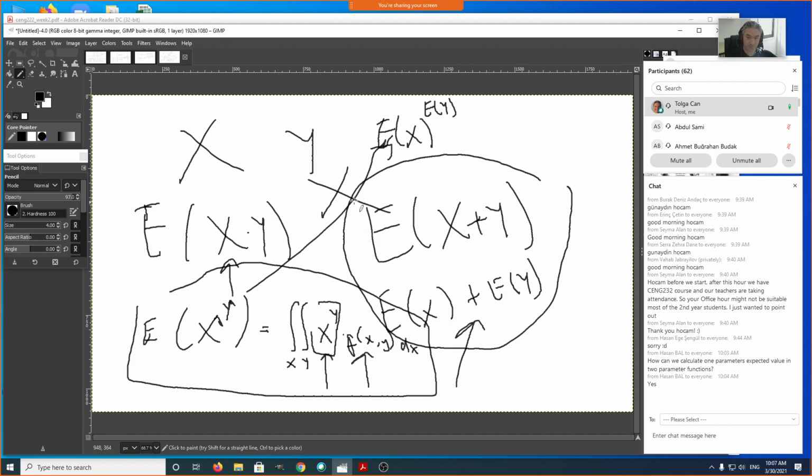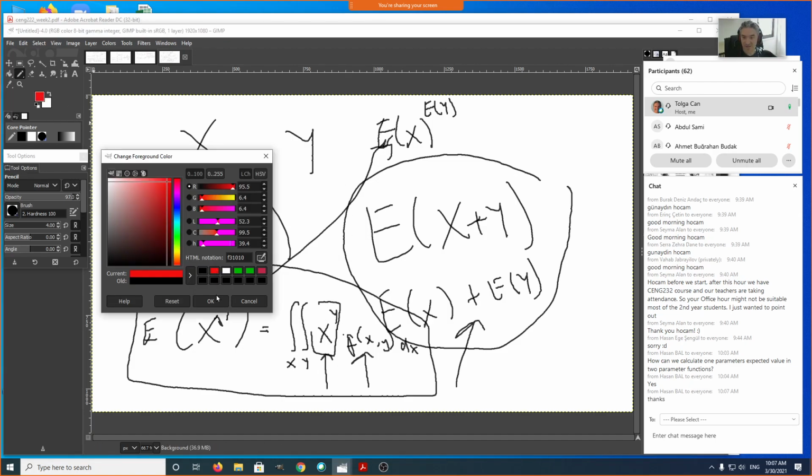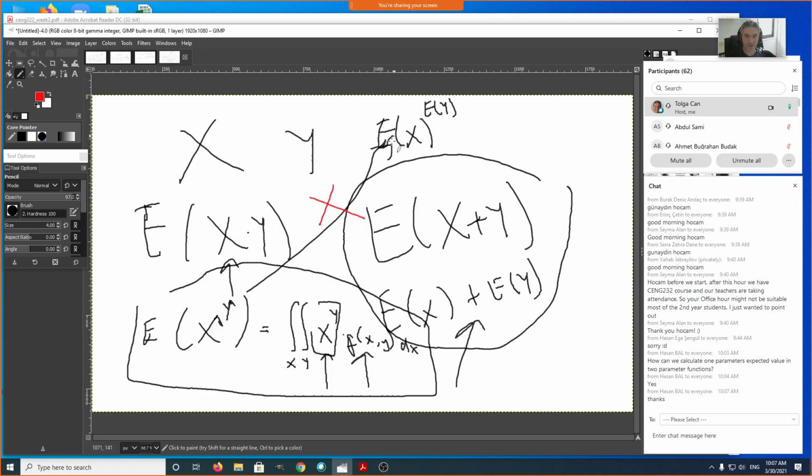This is not true, it's not allowed. So we cannot just separate these exponentiation or multiplication. We need to compute it individually by double integrals or double summation.